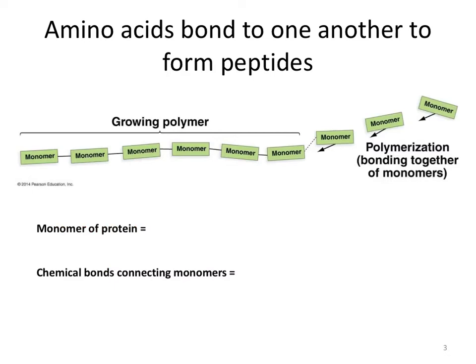So amino acids bond to one another to form peptides. Peptides are chains of amino acids. The amino acids are the monomers of proteins, or the structures found within peptides. The monomer of a protein is an amino acid.